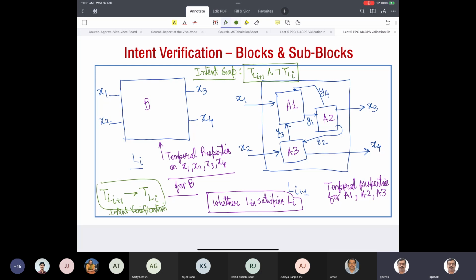And if it does not, then I can automatically find the gap by finding the equivalent temporal min terms of the formula TLI plus 1 and not TLI. So this is where the magic of formal methods comes, and you can automatically use the formal methods of AI to do your intent verification.